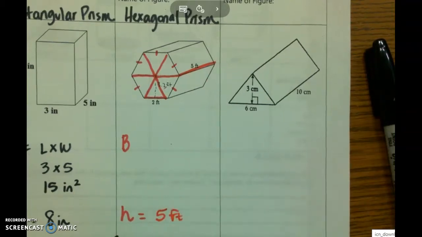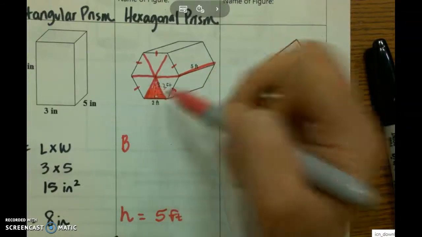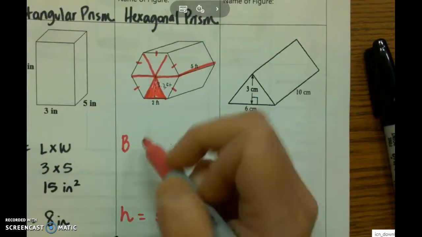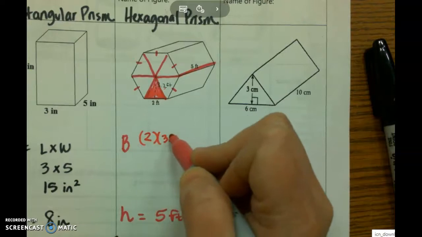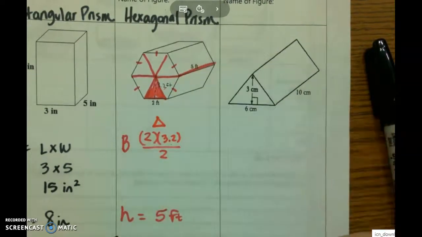Okay, so now all I have to do is calculate the area of the base. Well, in this case, the base is a hexagon. So I'm going to find the area of one triangle and then multiply it by 6. So this is going to be base times height divided by 2. That's the area of one triangle.